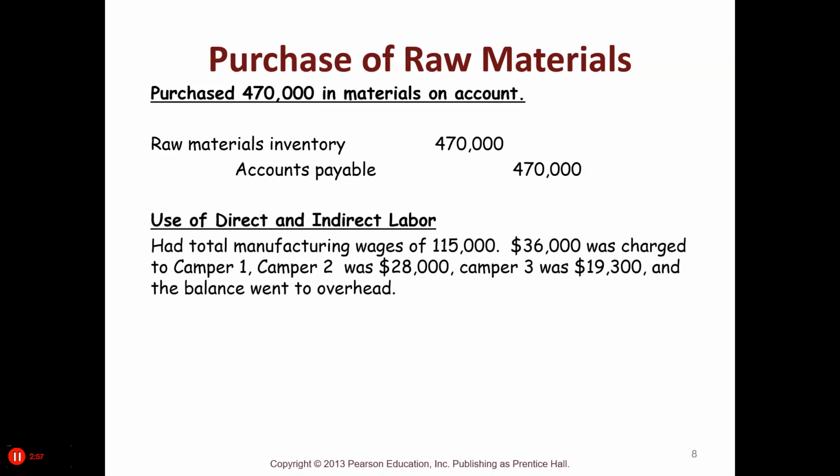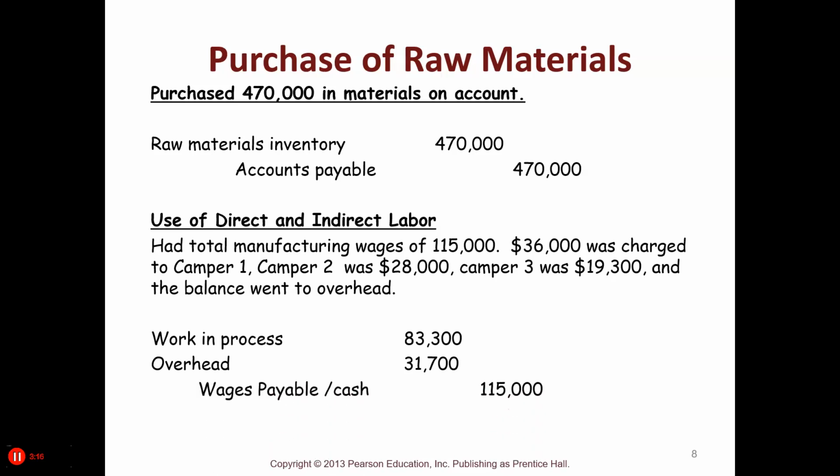Then we had total manufacturing wages of 115,000. 36,000 was for camper 1, 28 for camper 2, and 19,300 for camper 3, and the balance went to overhead. So we would do work in process 83,300, overhead 31,700, and wages payable or cash for the difference.